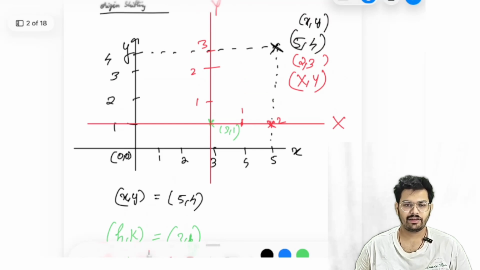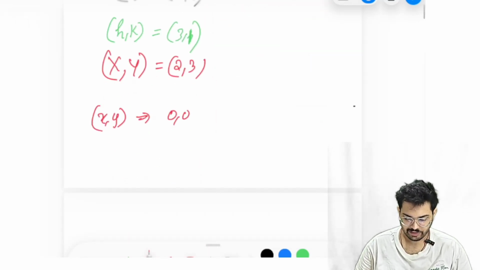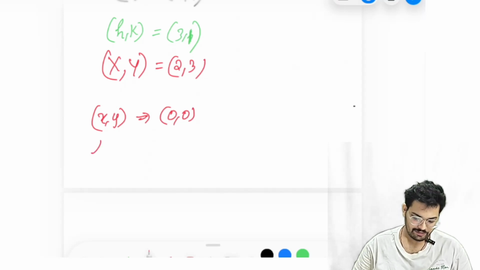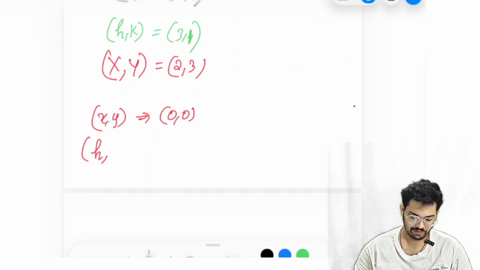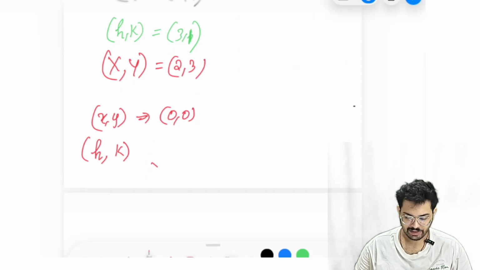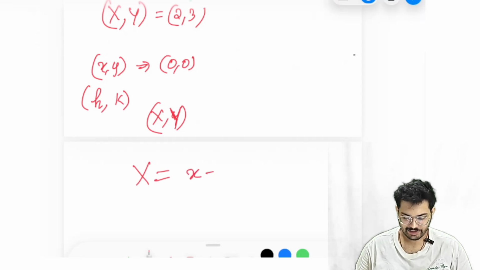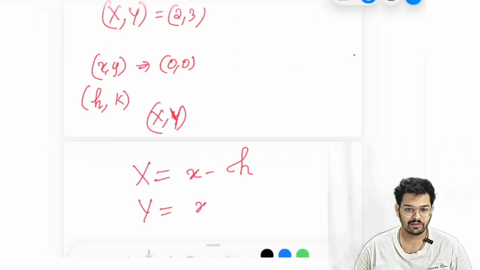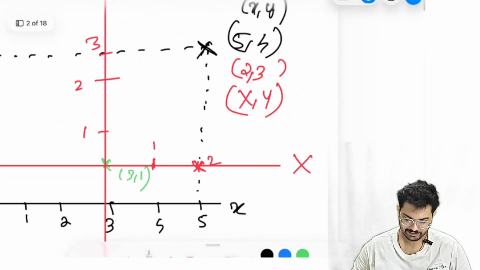Now, if x comma y is the coordinate with respect to 0 0 as the origin, then if you shift the origin from 0 0 to a new point h comma k, then the new coordinates will be of the form capital X comma capital Y. Now, the relation is capital X equals small x minus h, and similarly capital Y will be equal to y minus k.